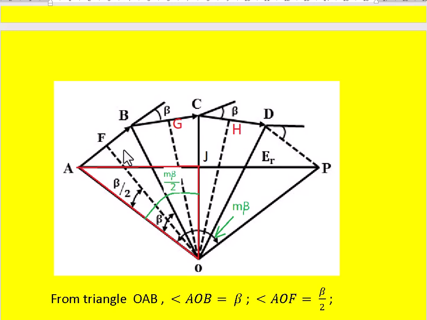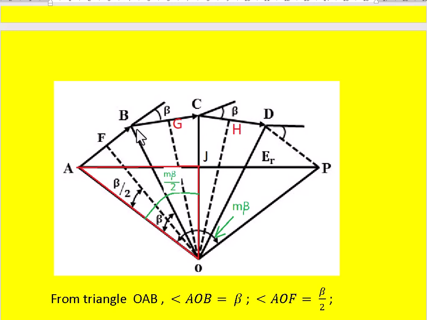For getting that, first one coil will be taken and that analysis will be extended to the M coils. Here AB is one slot coil. The induced voltage we call AB and its magnitude is small e. Similarly, the next coil voltage in the next slot is BC, with magnitude small e, but it has a phase difference with respect to AB by an angle beta.